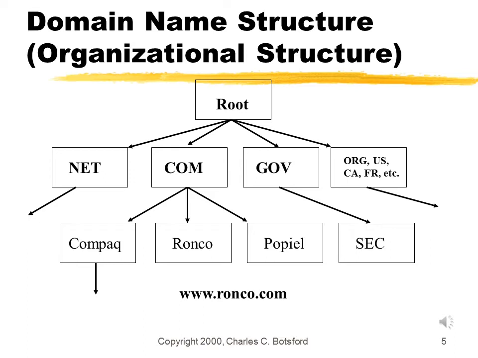The way you come up with a fully qualified domain name is you take the host name plus the domain name, and the domain name is all the names up to the root of the naming structure. For instance, the www server for Ronco would be www.ronco.com.